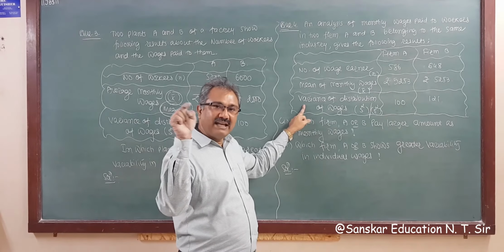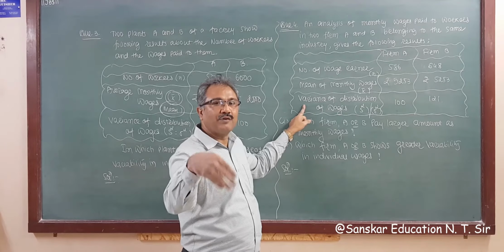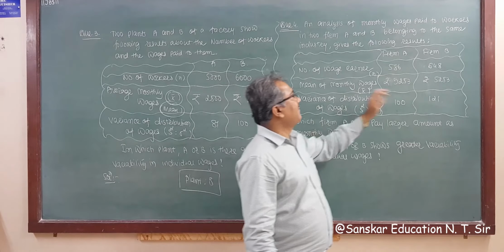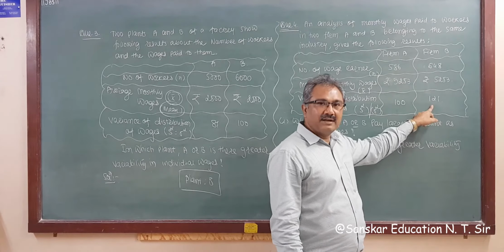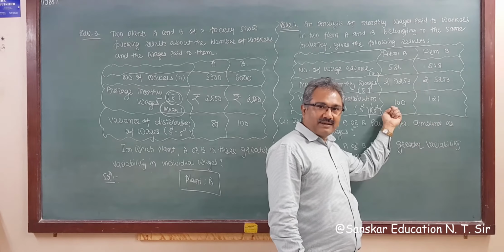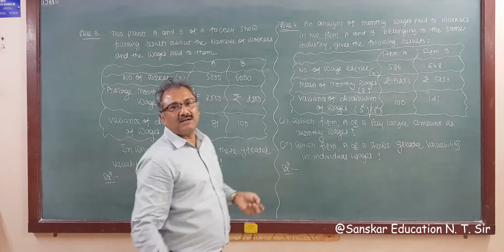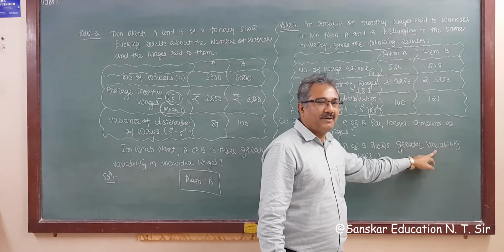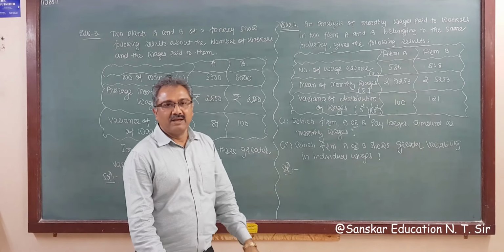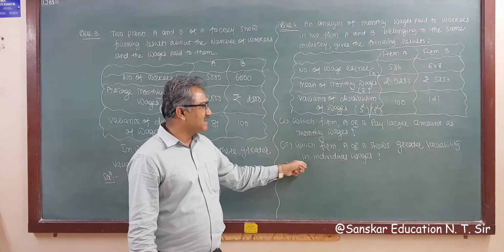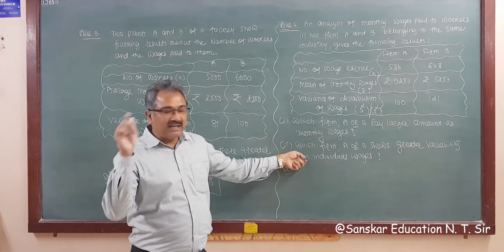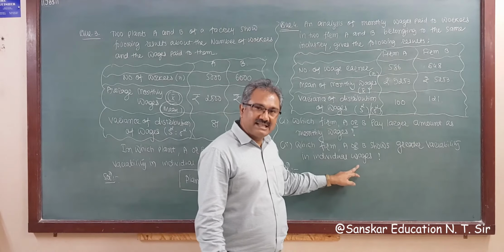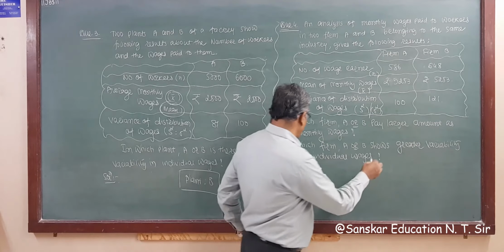A greater variance means more variability. Here the variance of firm B is greater than the variance of A, so firm B has more variability in individual wages. So the second answer is firm B.